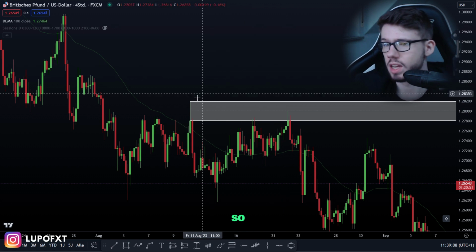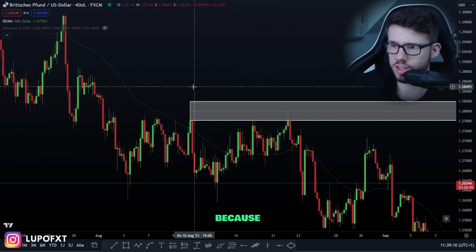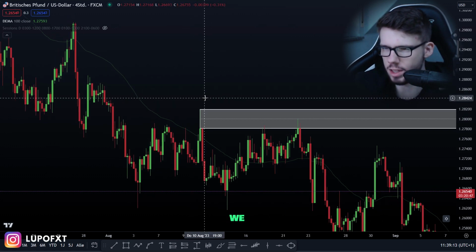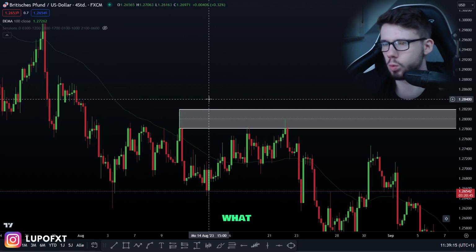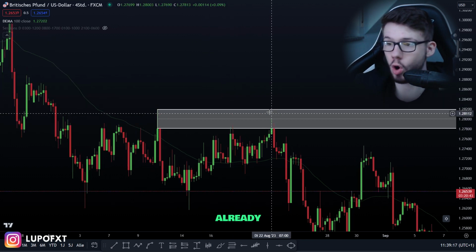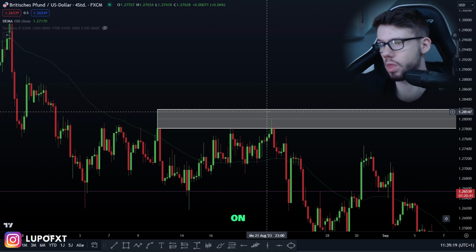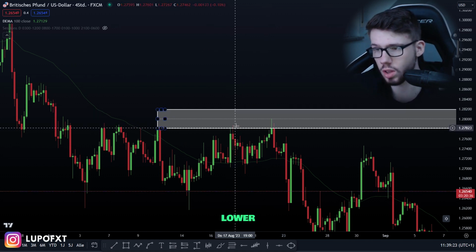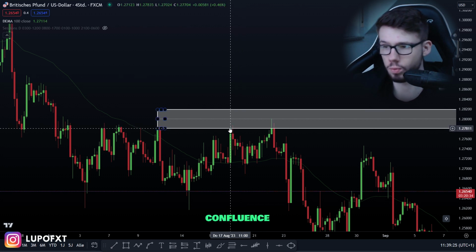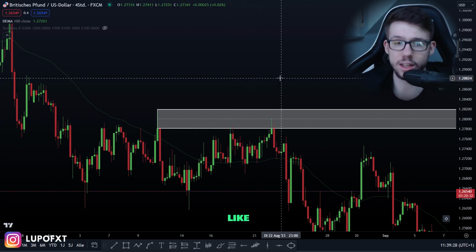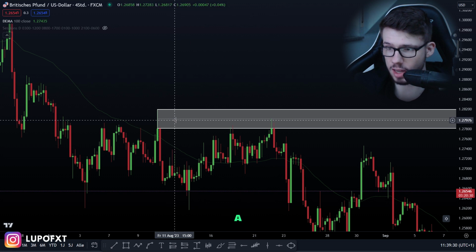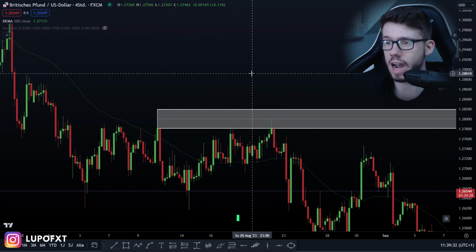But anyway, we cannot see this wick anymore, because as we speak right now, we drew this on the spot. What we can see right here is that we already had a touch. Since we are on the 4-hour chart, we could now drop down to a lower time frame and look for confluence to go down. But what I like to do, and that's why we have a dotted line here in the middle, is wait for price to give me a better entry.